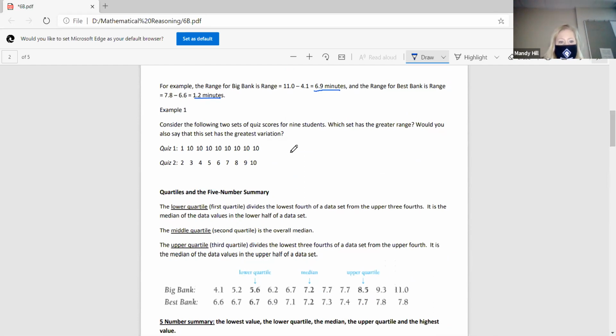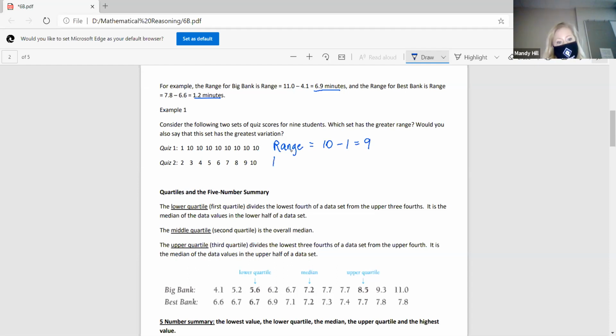Which has the greater range? Would you also say that this set has the greatest variation? Here we go. Calculating the range for quiz 1, the biggest score they have is 10. Then you subtract the smallest score, which is 1, and 10 minus 1 is just 9.